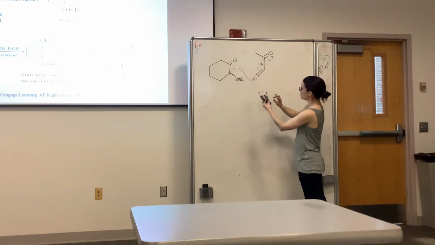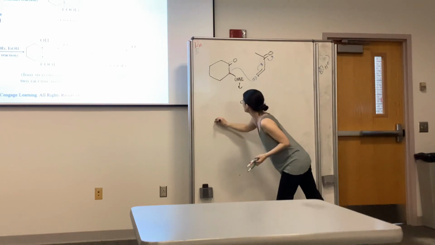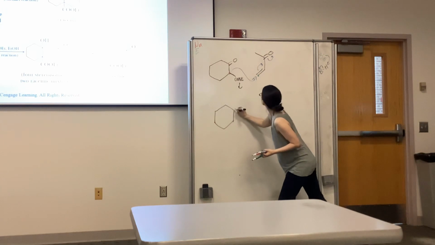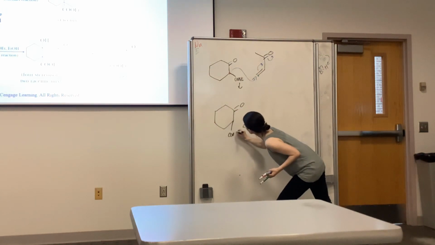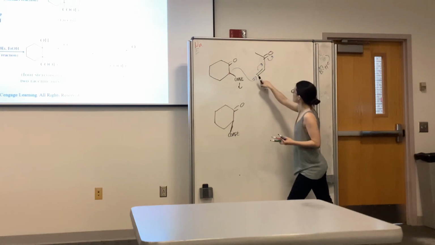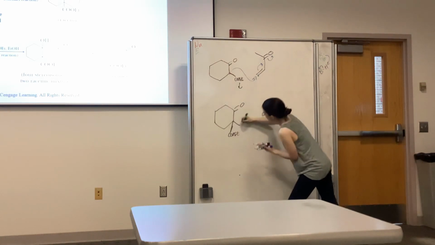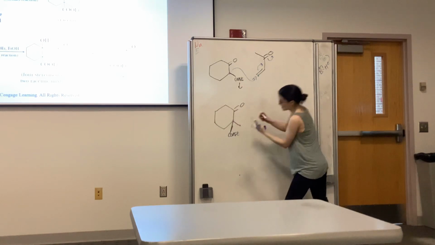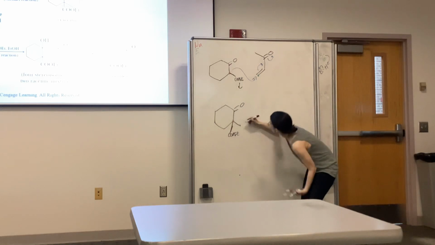Okay, and we get this, COOEt, that connects to the C, and then we have new bond right there. Where's this guy? I have too many markers in my hands again. Okay.